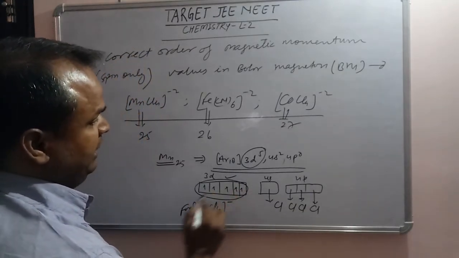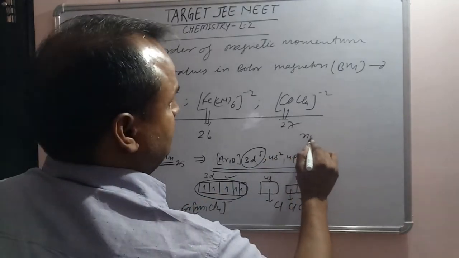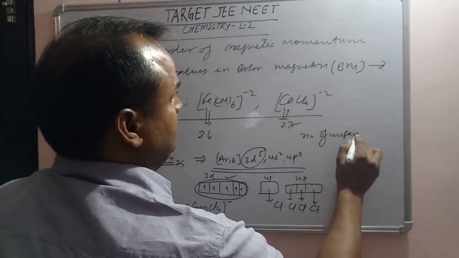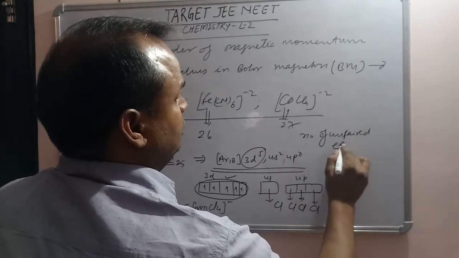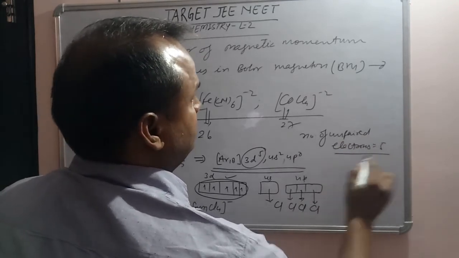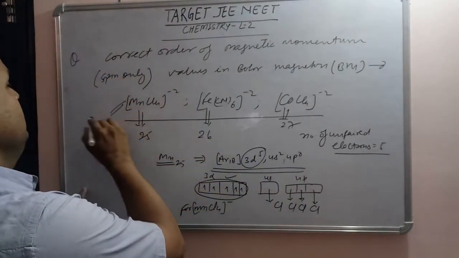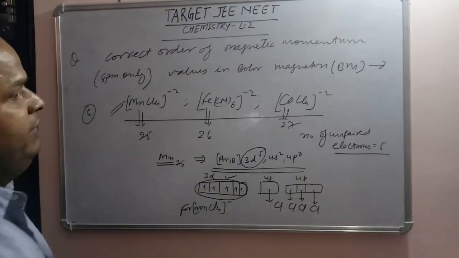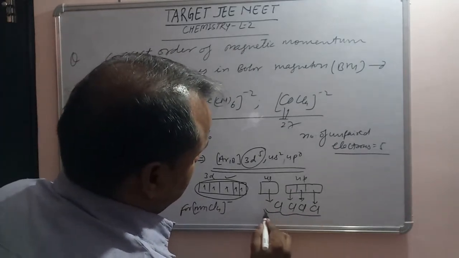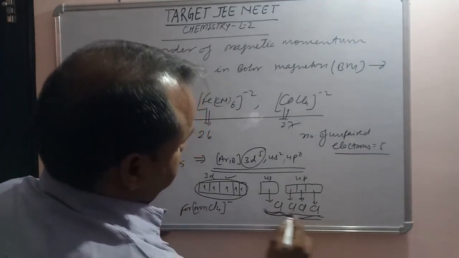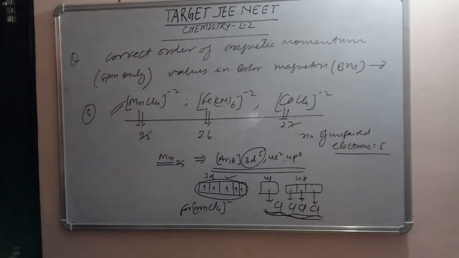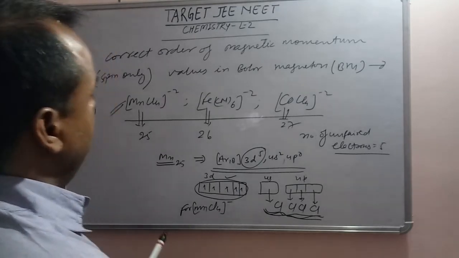Means the number of unpaired electrons is equal to 5. For this case, the number of unpaired electrons is 5. Clear? From here you can say about the geometrical structure as well: sp3.